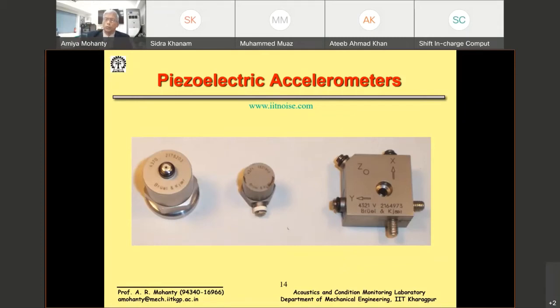Today we have accelerometers based on these piezoelectric crystals which can measure up to 500 degrees Celsius, and they're very expensive, by the way. For example, if you want to measure the vibration of a helicopter engine in flight, these kinds of accelerometers are available. And of course, they come in different sizes, shapes, sensitivity, etc.